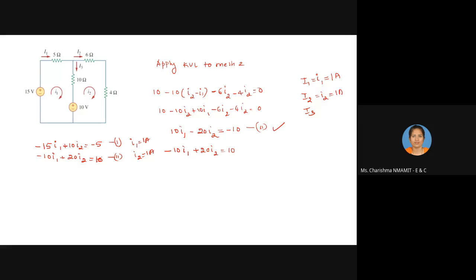I2 is also 1 amp. I3 is what? It is I1 minus I2, that is 1 minus 1. It is 0. That means there is no current flowing in this particular branch. I3 is I1 minus I2, which is 0.